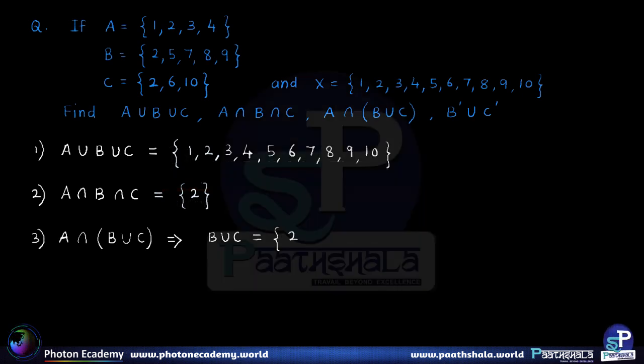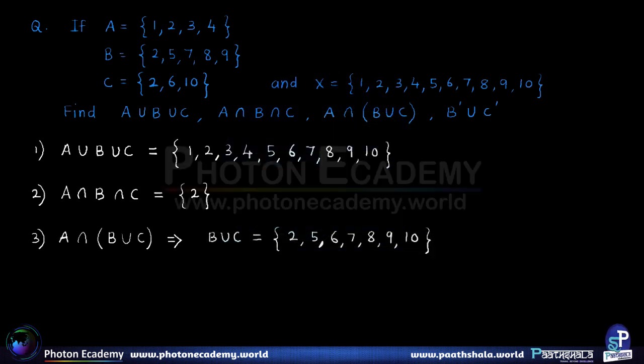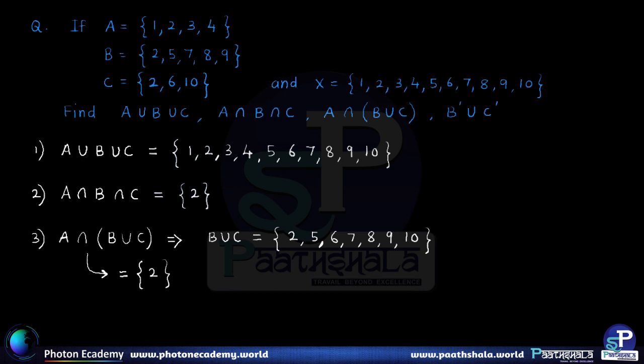That gives us 2, 5, 6, 7, 8, 9 and 10. Alright. Now we have to take the intersection of this particular set with the set A. Right. So therefore finally we get the intersection of A and B union C. We see that the element 2 is the only element which is common in A and B union C. So therefore that is the answer.